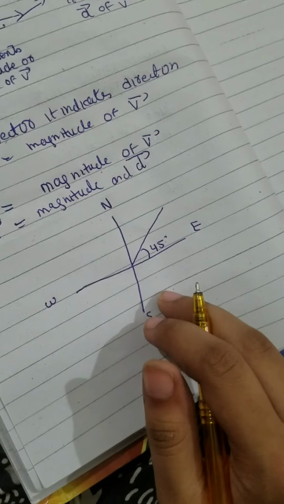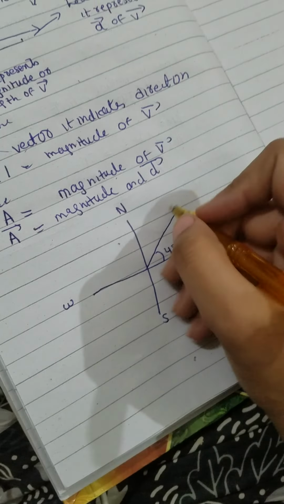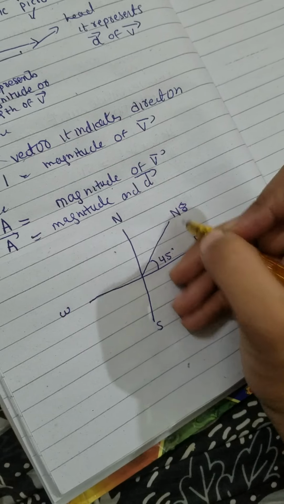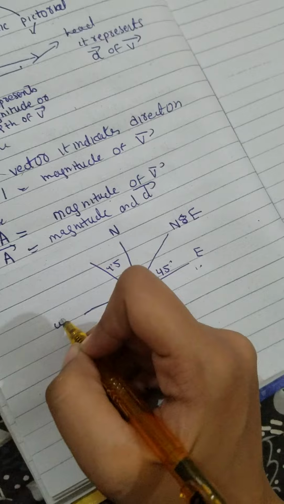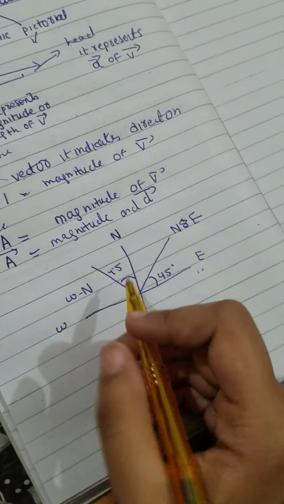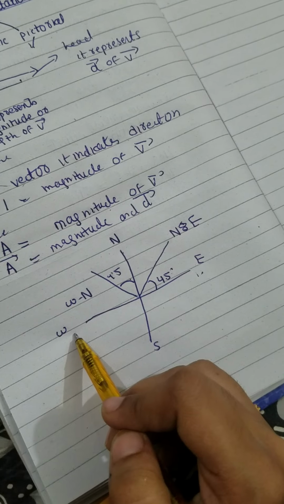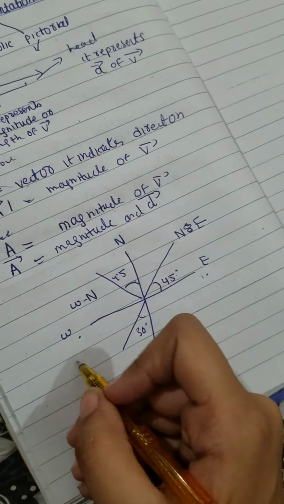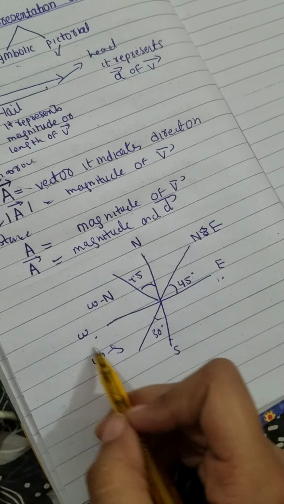This angle is initiated from the east and moving toward the north, so we can say that it is north of east. Here I can write 45 degrees west of north, which means the angle is generated from the north side and it's moving toward the west. And 30 degrees, for example, is west of south: the angle is initiated from the south and moving toward the west.